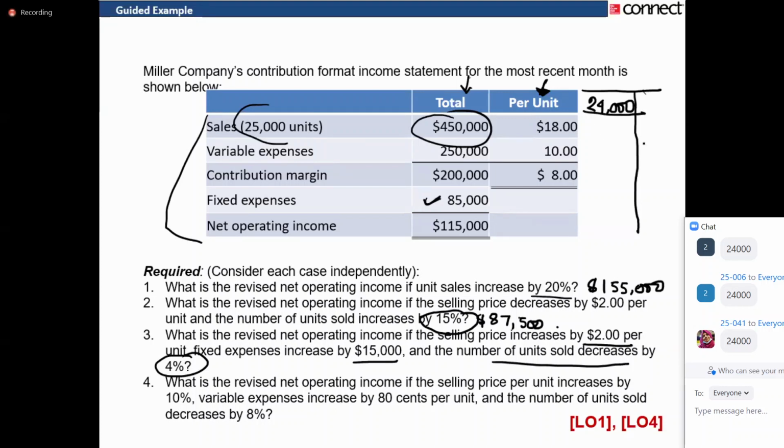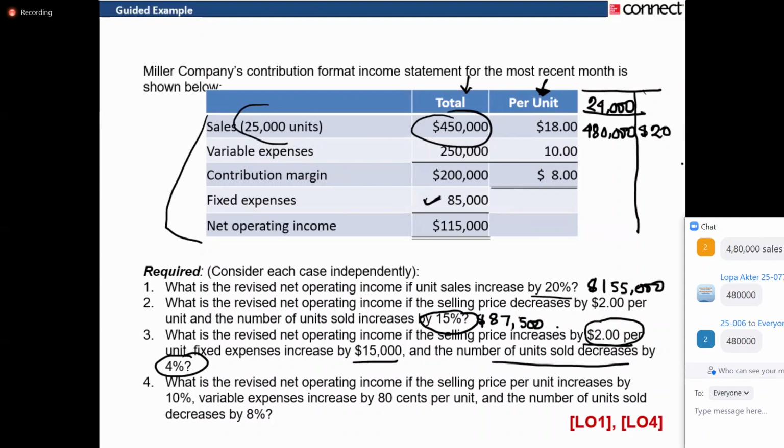Okay, so we are now dealing with this case. So what will be the sales value if we have the selling price, which is a higher number now compared to the previous one, $18. Now it is $20 per unit. So we need to multiply 24,000 by 20 to get the total sales value of 480,000.